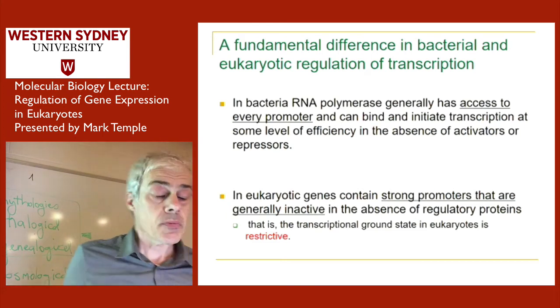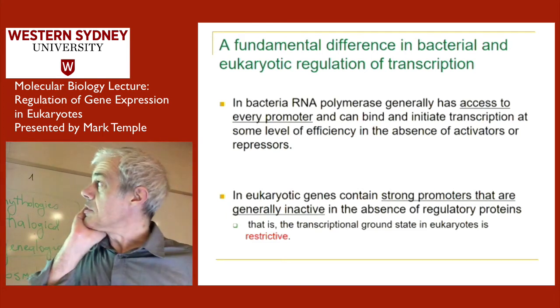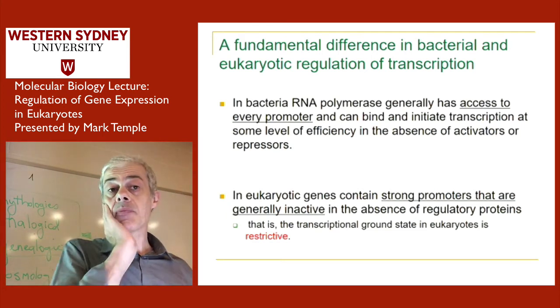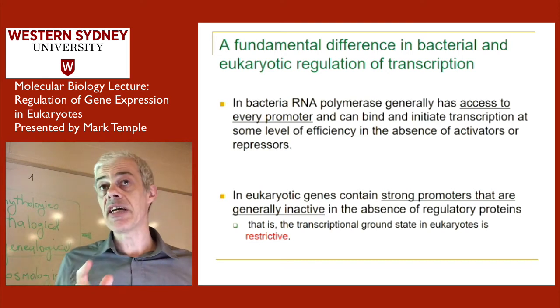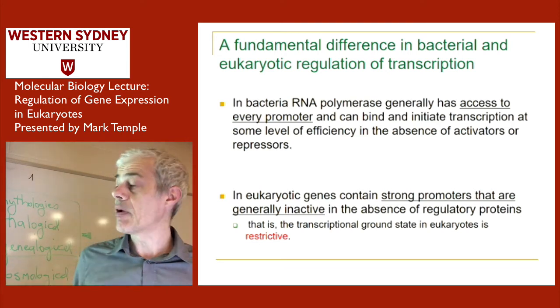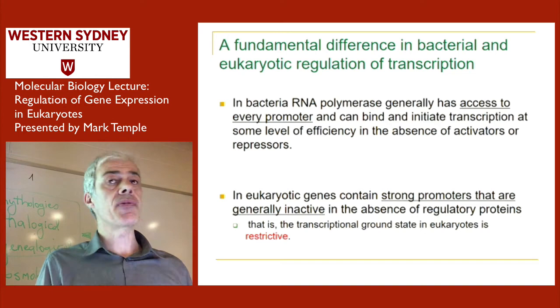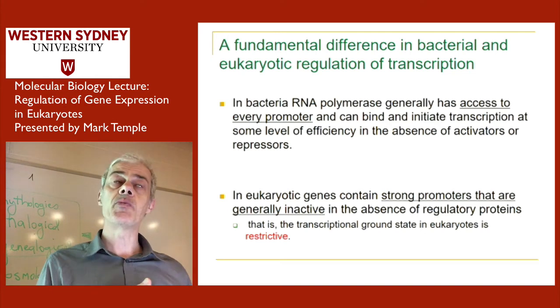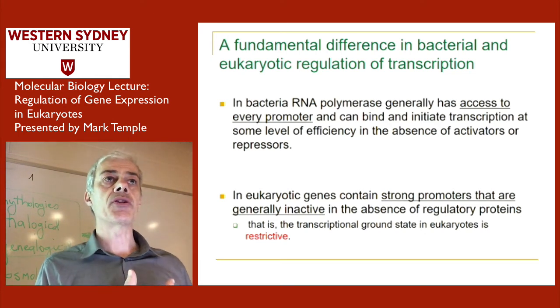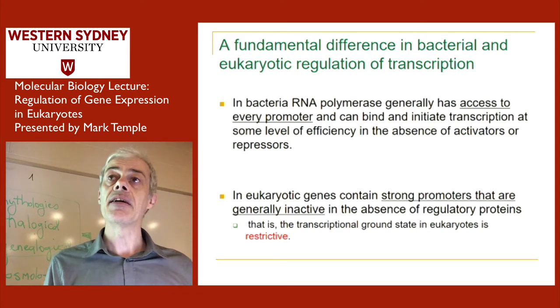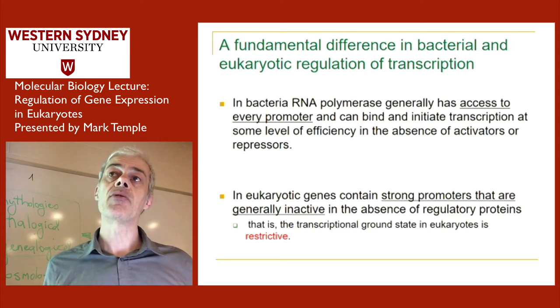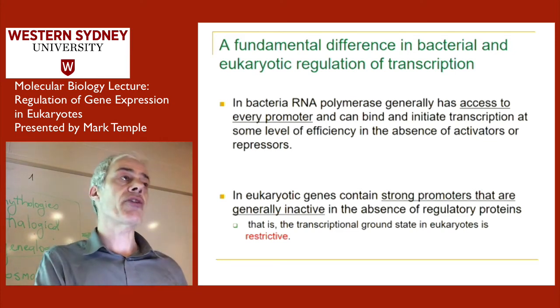Okay, so what are some of the differences that we need to consider when looking at gene expression in eukaryotes? I've raised a couple of these before. There's just so much more DNA in a eukaryotic cell than you would anticipate based on a prokaryotic cell.